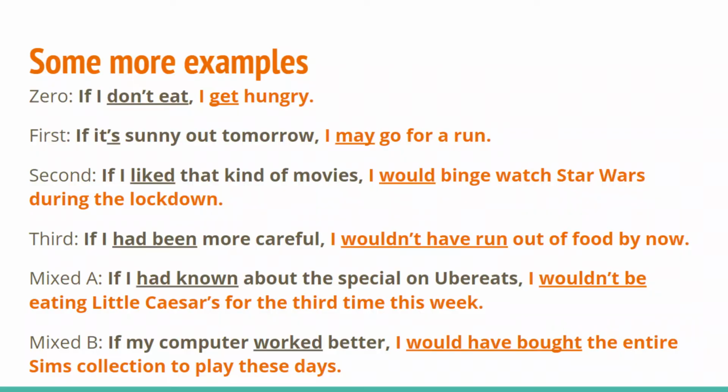So if I had known, past perfect, I wouldn't be, simple present. Okay, so mixed conditional B, which is a second conditional plus a third conditional. If my computer worked better, which it doesn't, I would have bought the entire Sims collection to play these days. Right?